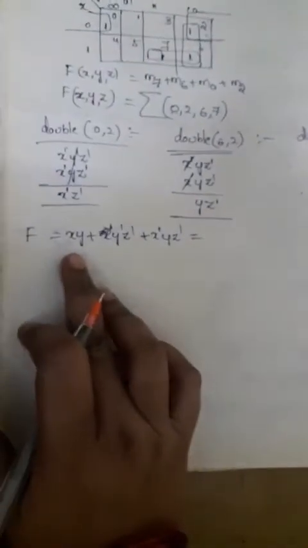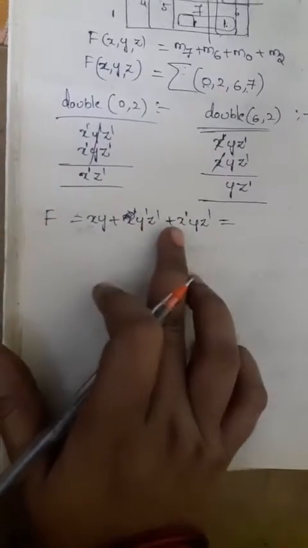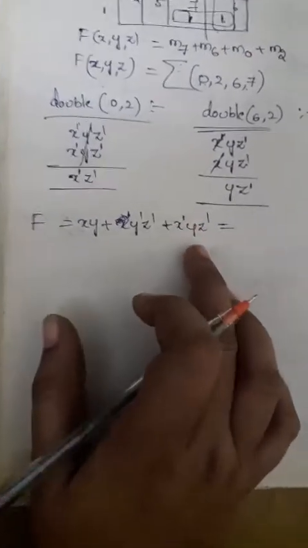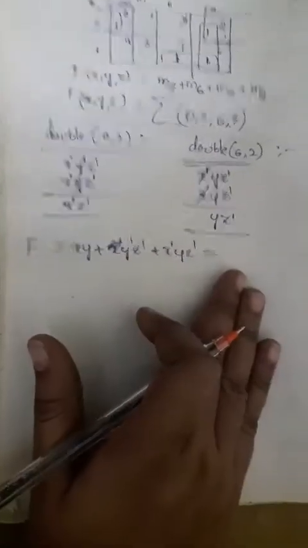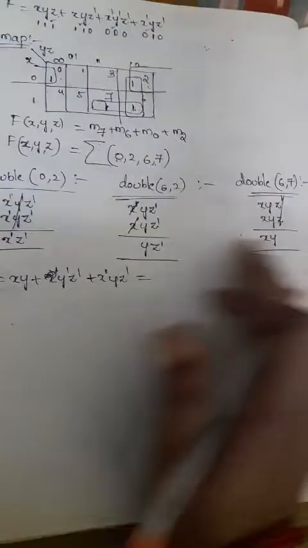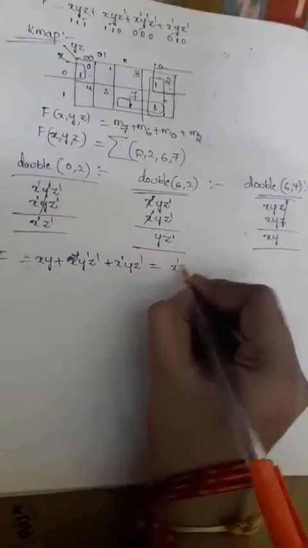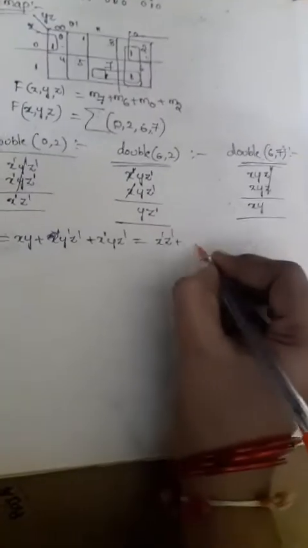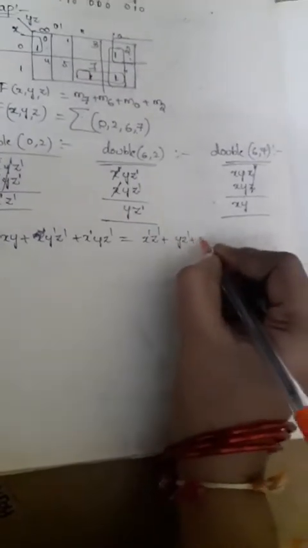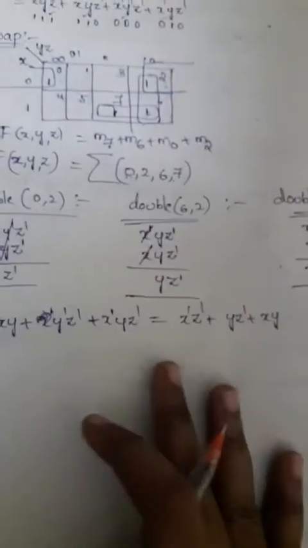Just adding all the prime implicants: x complement z complement, plus y z complement, plus x y. Okay, so this is the K-map simplification.